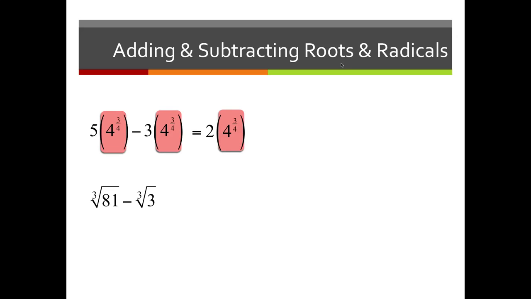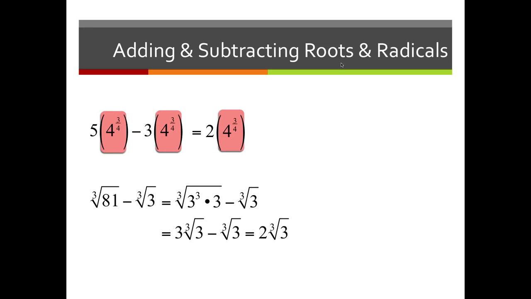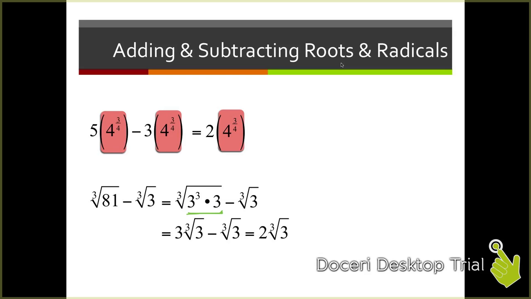But if I take a look at the cubed root of 81, I should recognize that I can simplify this because there is a perfect cube factor in 81. 81 is 3 times 3 times 3 times 3, 3 to the 4th power. And you notice here I've just rewritten it as 3 cubed times 3 to emphasize the fact that the 3 cubed gives me enough 3's in that group that I can take them out because my index is a 3.